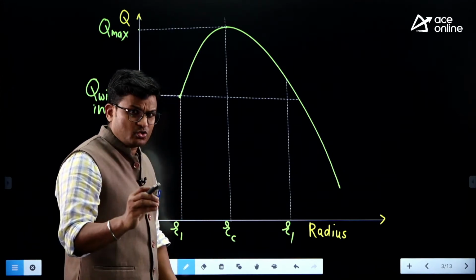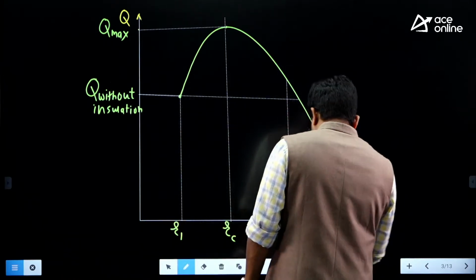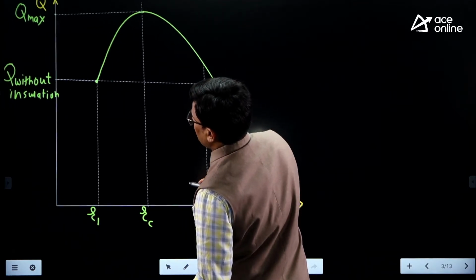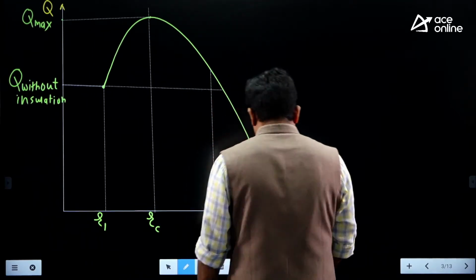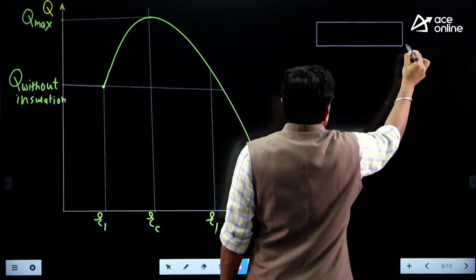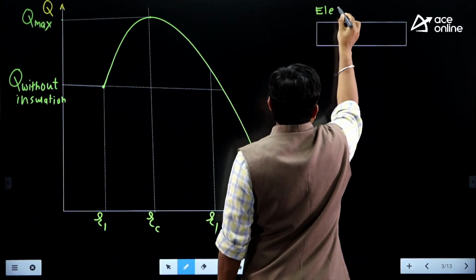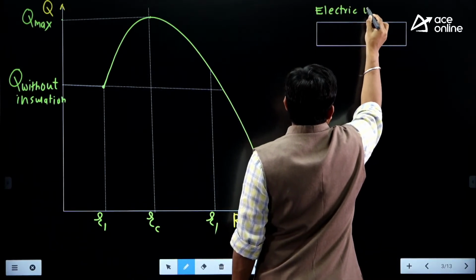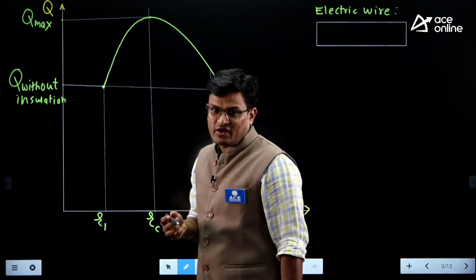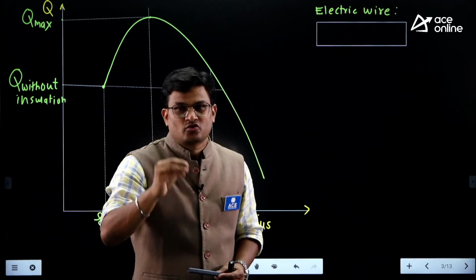So what you need to do, very important. So let us take this graph here. So listen, suppose if it is electric wire, as you know, in case of electric wire you have to insulate.